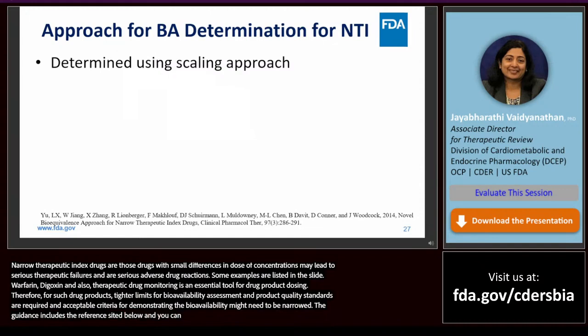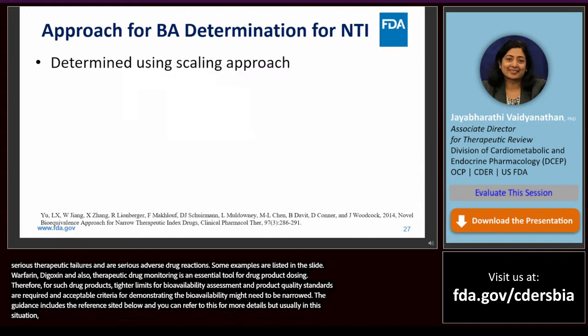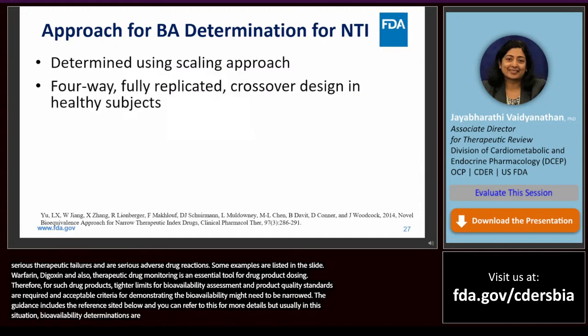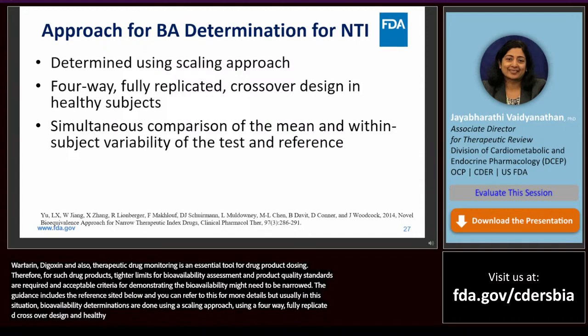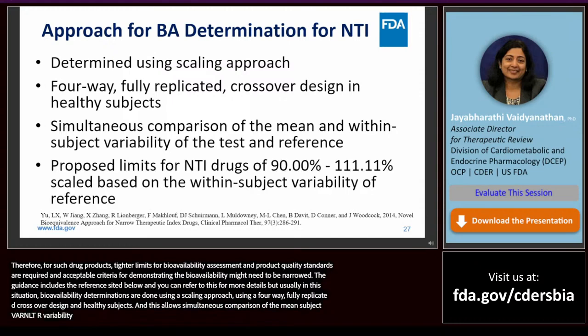But usually in this situation, bioavailability determinations are done using a scaling approach, using a four-way, fully replicated crossover design in healthy subjects. And this allows simultaneous comparison of the mean and within-subject variability of the test and reference product.